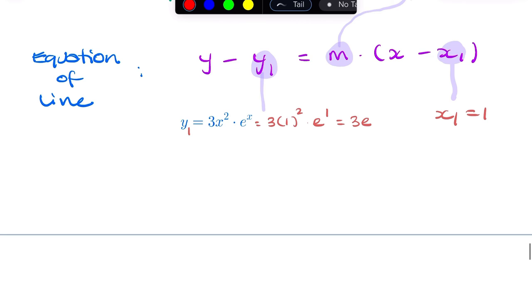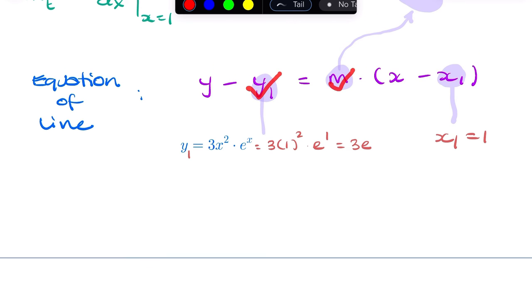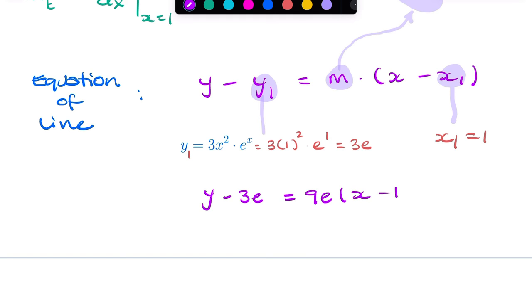So now that we know y1, m, and x1, we can rewrite our line as y minus 3e equals 9e times x minus 1. So you would want to expand those brackets and move the negative 3e to the other side.